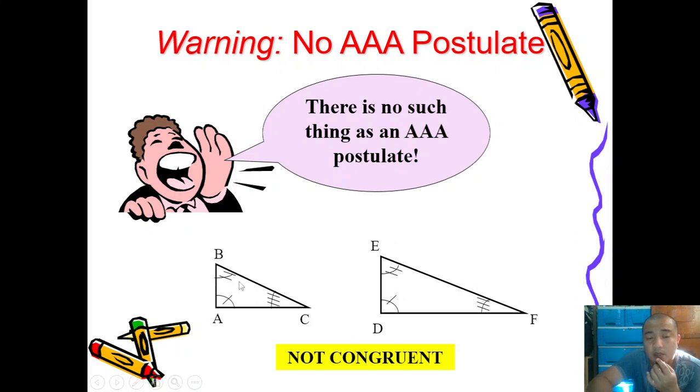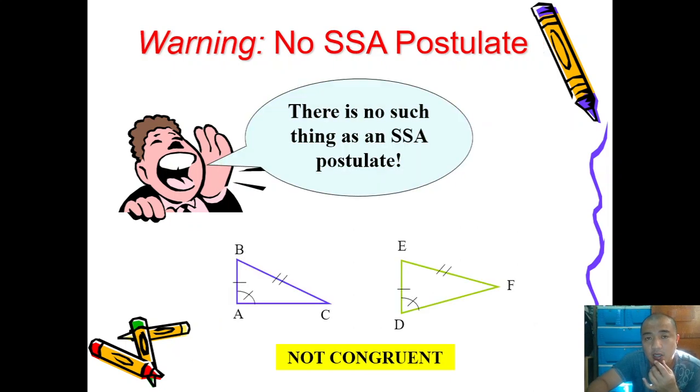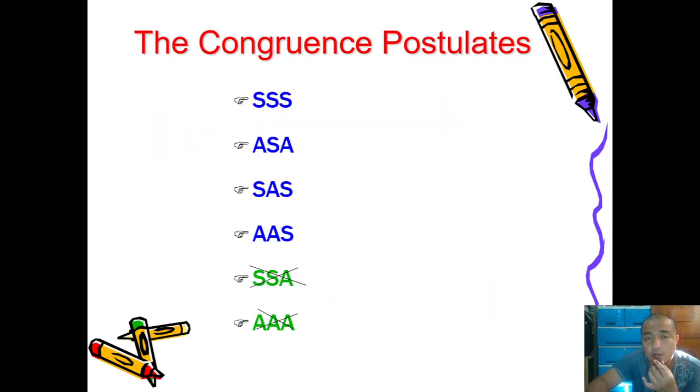Because kahit congruent yung tatlong corresponding angles, mas malaki naman yung isa. Mas malaki naman yung triangle DEF kaysa triangle ABC. So they're not congruent in that case. So no SSA postulate, no AAA postulate. So these are only the congruence postulates, the SSS, ASA, SAS, and AAS.